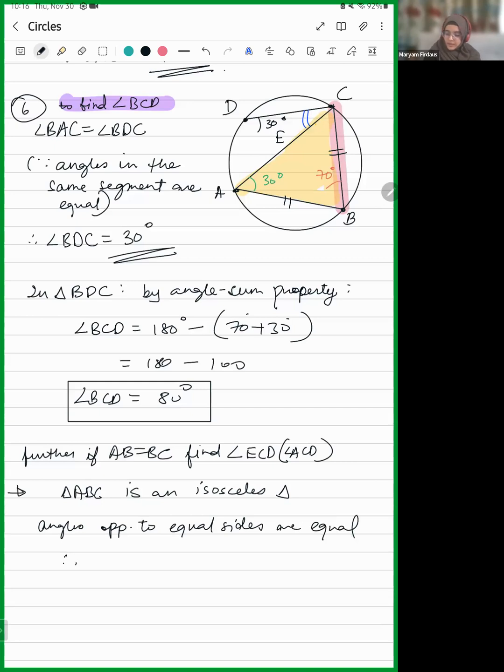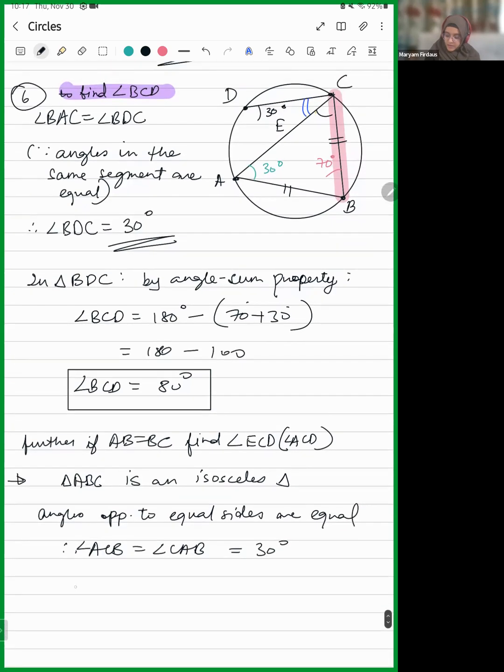Therefore, this angle over here, angle ACB, is going to be equal to angle CAB, which happens to be 30 degrees. So that means our angle ACB is 30 degrees.